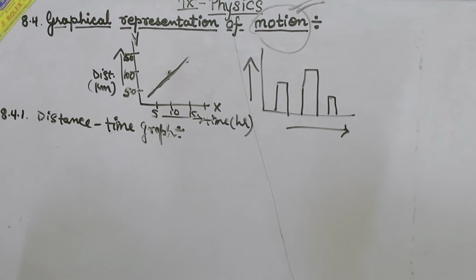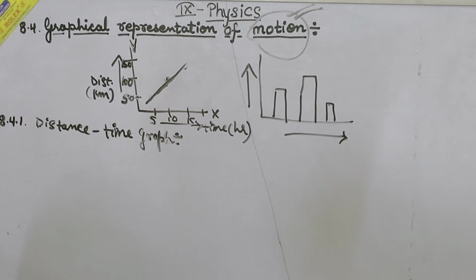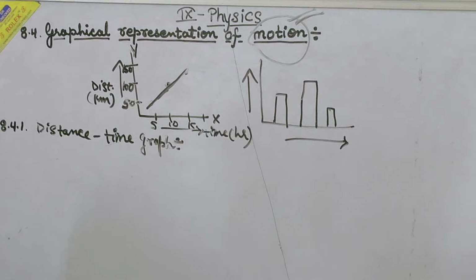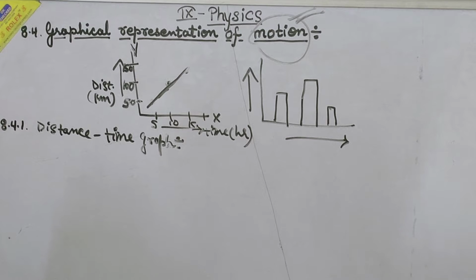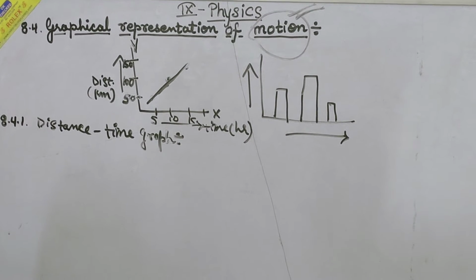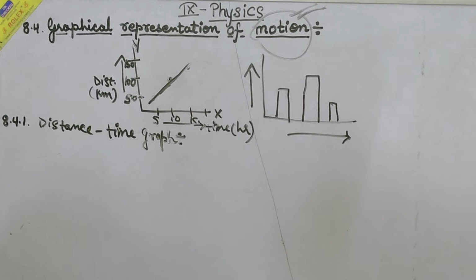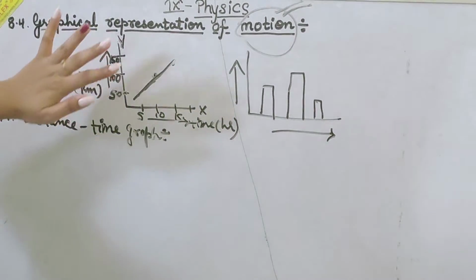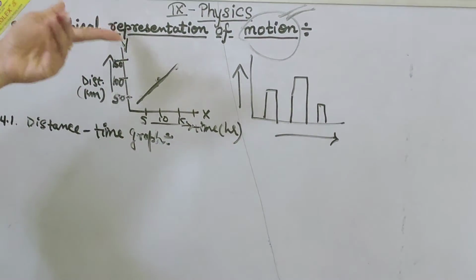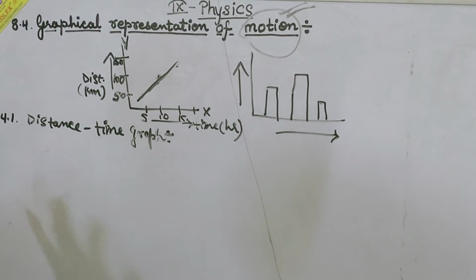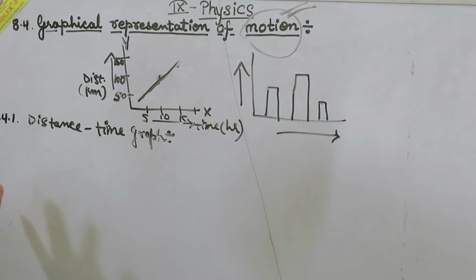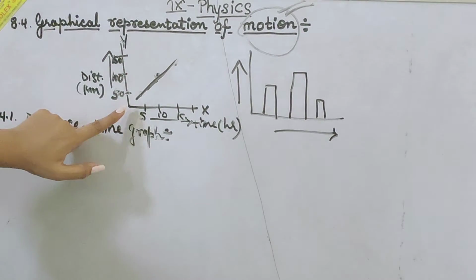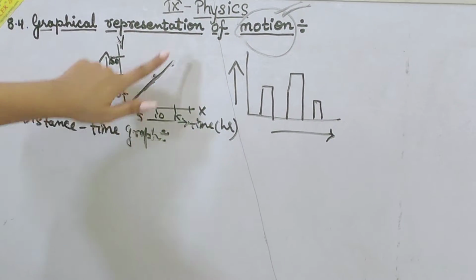The distance time graph can be employed under various conditions where objects move with uniform speed, non-uniform speed, remain at rest, etc. So what is written here: for what information is this distance time graph employed? It is showing whatever object is moving. See, this object is moving with which type of speed?